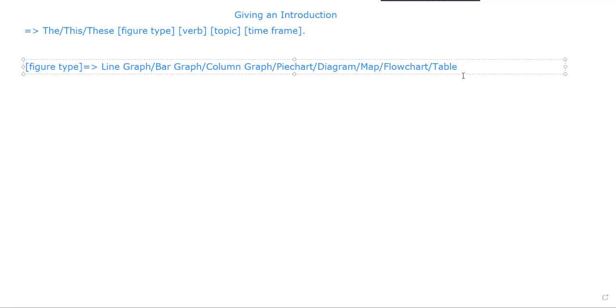So whatever kind of visual information you have been provided with, just put the name of that specific figure in this space.